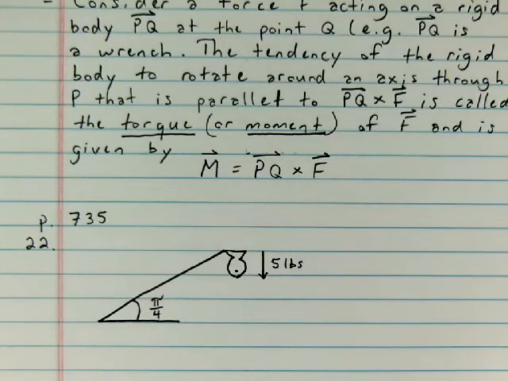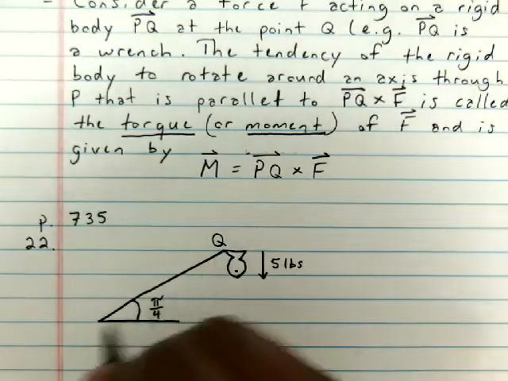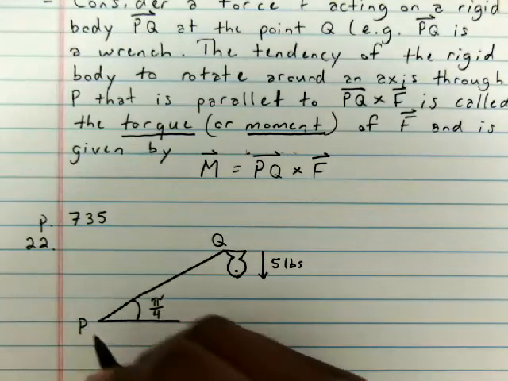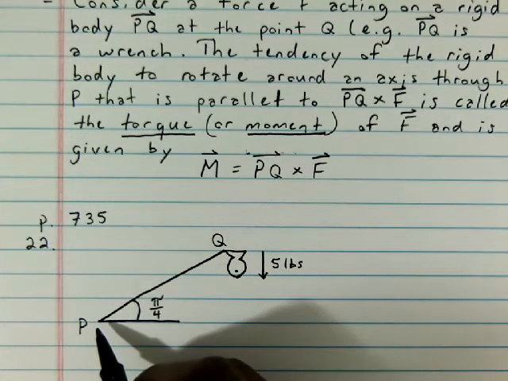Now they asked us to find the moment M due to the weight of the fish about the handle end of the pole. If we label things the way we discussed torque, this end of the pole would be our Q, and this would be our P. This is the point at which the object is actually turning.